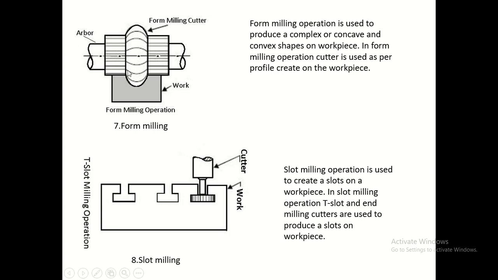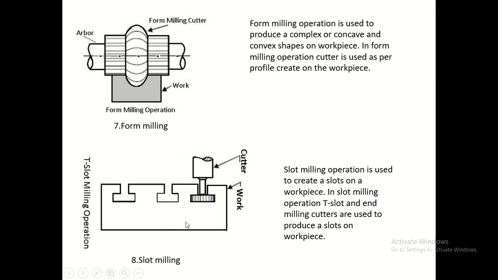This milling cutter is mounted on the arbor, rotating at some speed, and fed to the workpiece, and it produces complex shapes like convex and concave. In this operation, we need the milling cutter shape as per the profile we require on the workpiece. Then it is called the form milling operation.